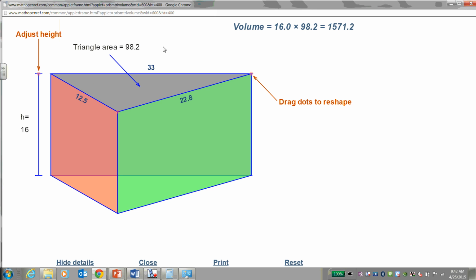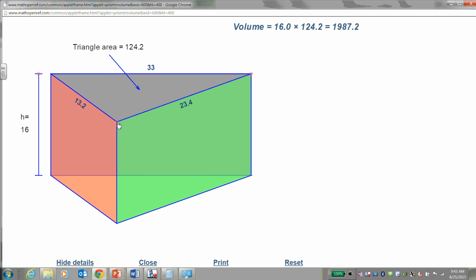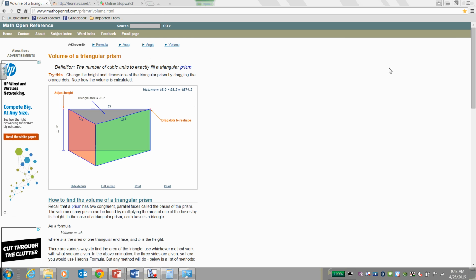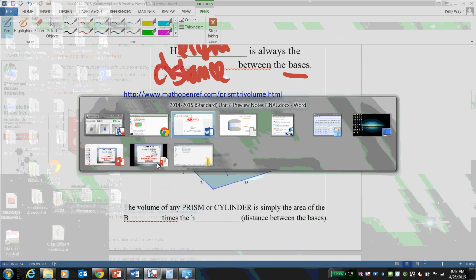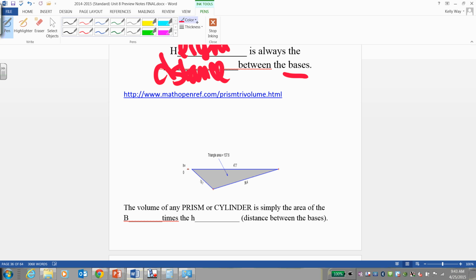Now, the concept of volume for a prism is really, really simple. When you have a prism, you start with the base, and remember base means area, so trace this and shade it. There's a base.